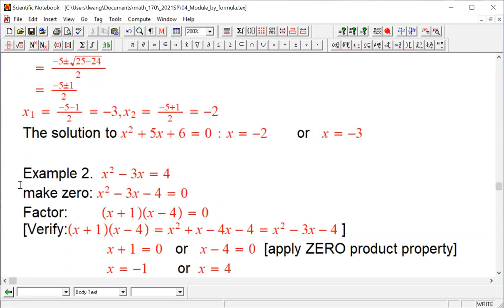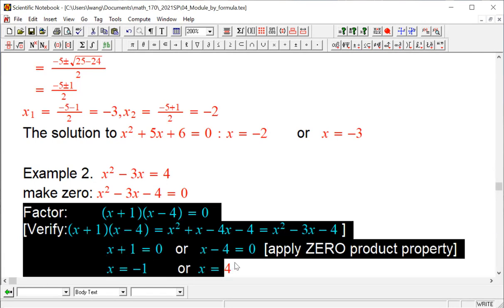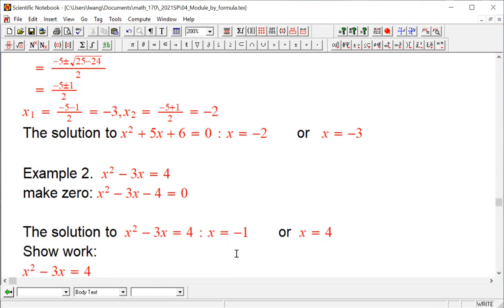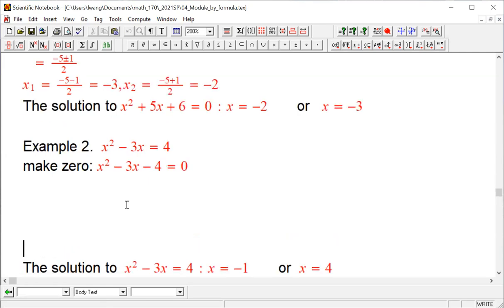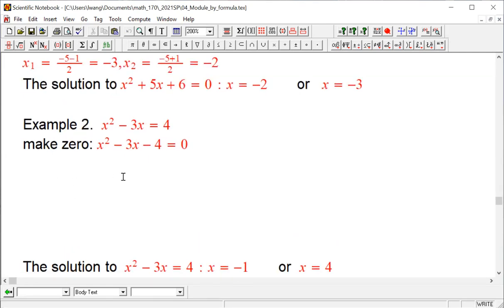For example, we solved this equation using another way before, and this time we transform it. We make a 0 on the other side by subtracting 4 on both sides.